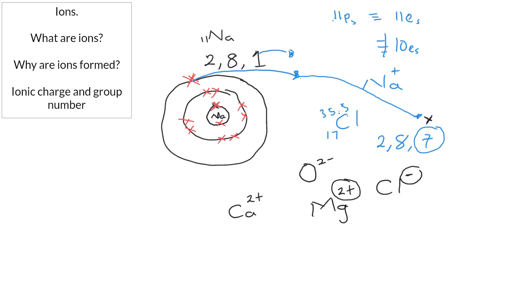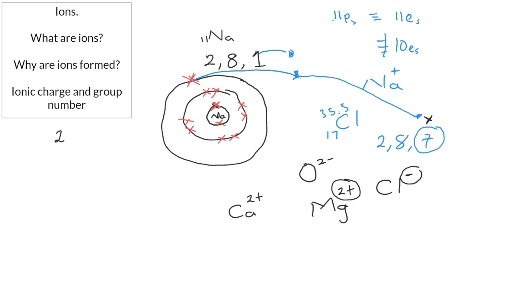Now that will bring us to the next question for us to answer. Why are ions formed? Why do elements form ions? They form ions because they want to be stable. Now, if you have a periodic table with you, you can look at the group 8 elements where you will see elements like helium. Helium has just 2 protons.